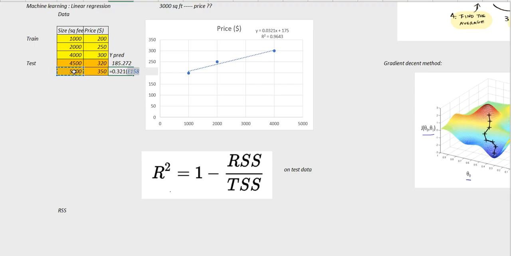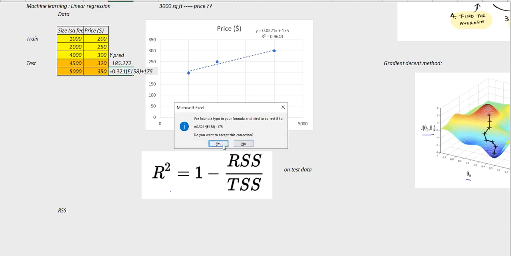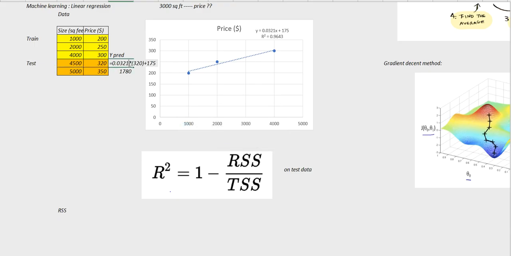I will pass this x value plus what? Sorry, this is not 120. Sorry, this value and this, and here actually 0.0321. Okay, so these are the y predictions.